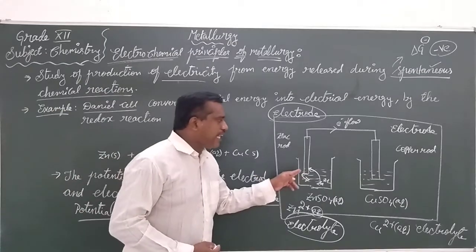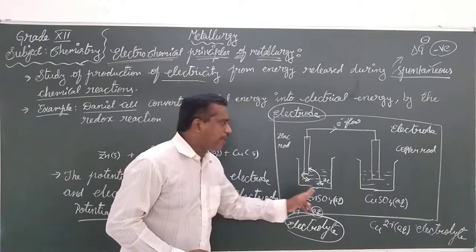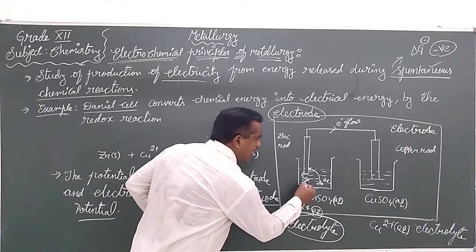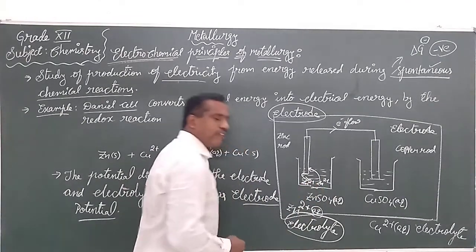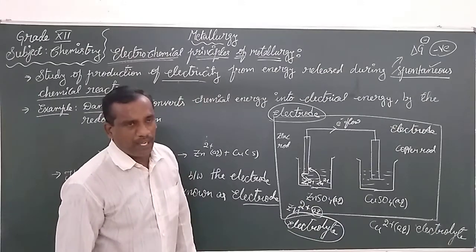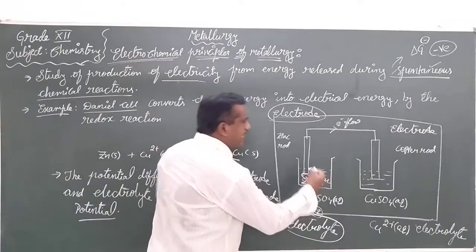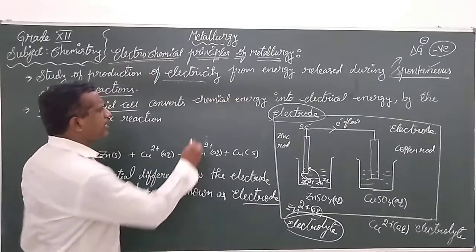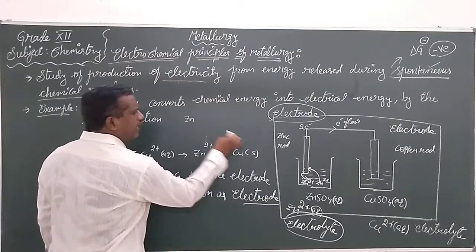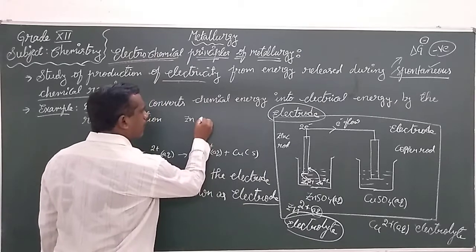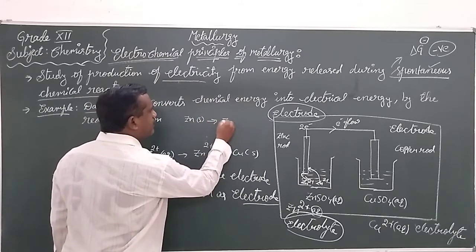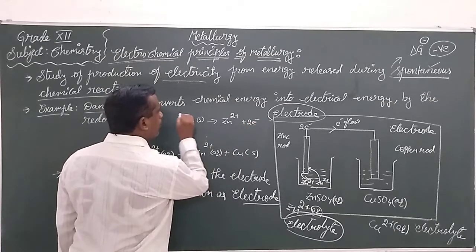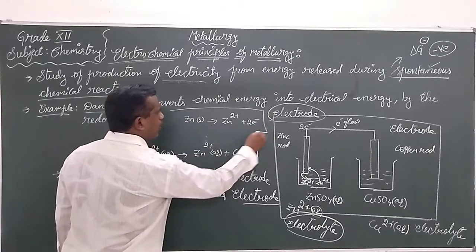Some of the zinc atoms from the electrode are entering the zinc solution in the form of Zn2 plus, by releasing 2 electrons. See the point? Zinc from the electrode is entering into the solution in the form of 2 plus ion.